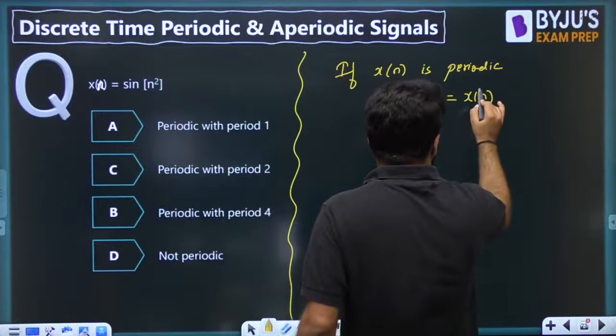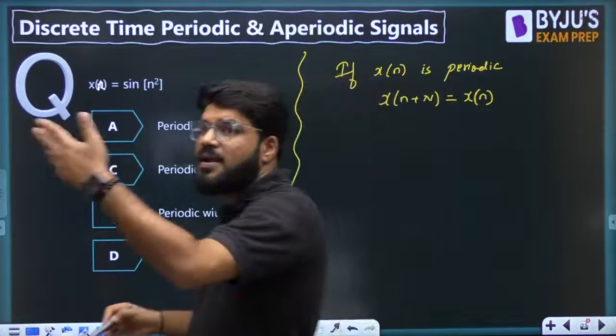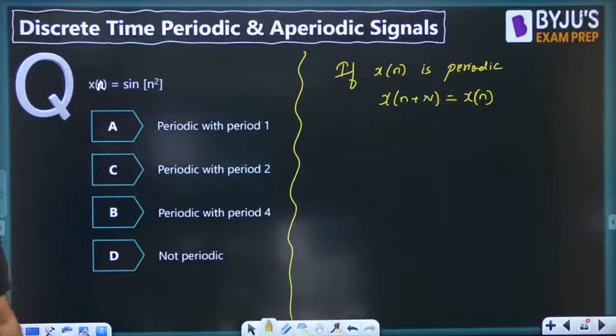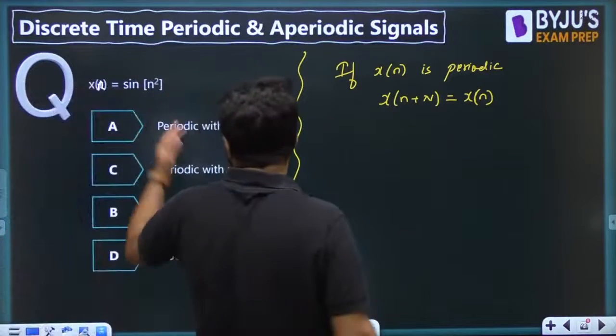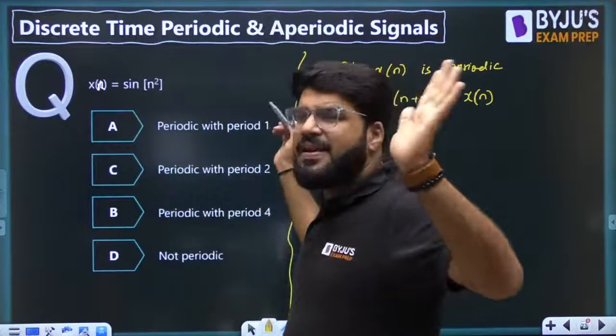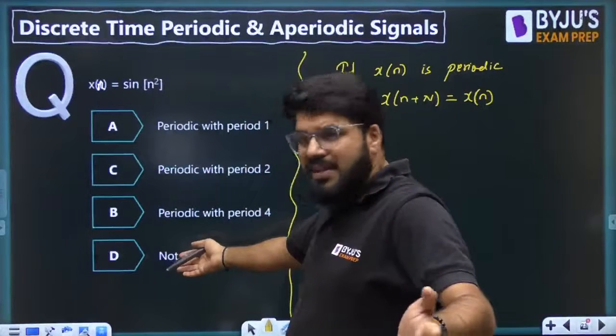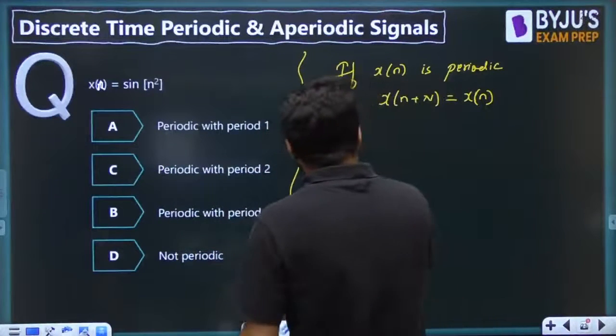This is the fundamental property of a periodic signal. It should repeat after every time that is given by capital N. So let us assume x of n is periodic. If it satisfies, yes, it will be periodic. If it doesn't satisfy, then we have the option D also.